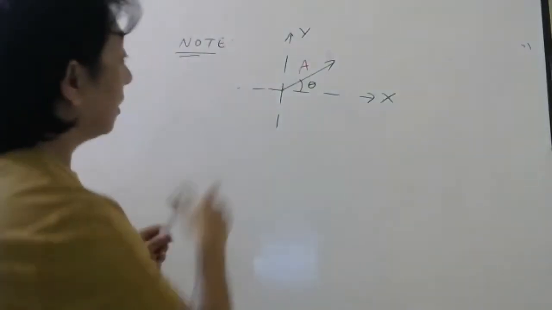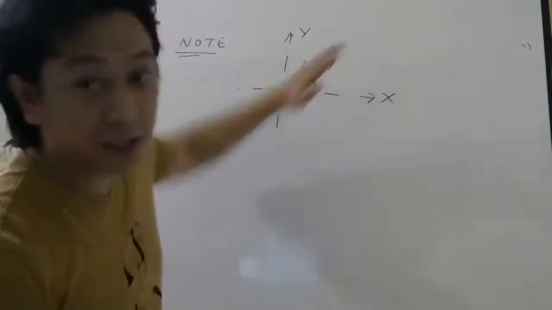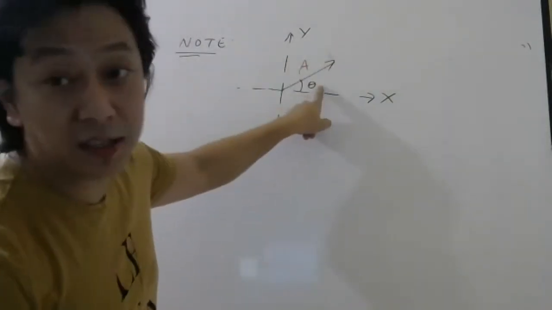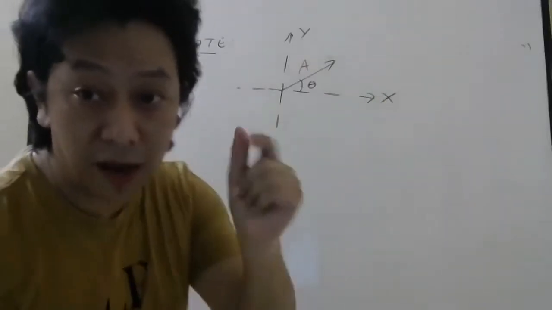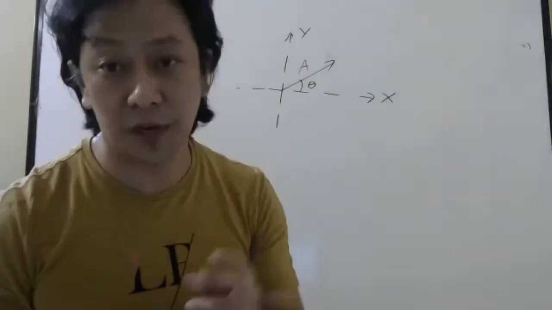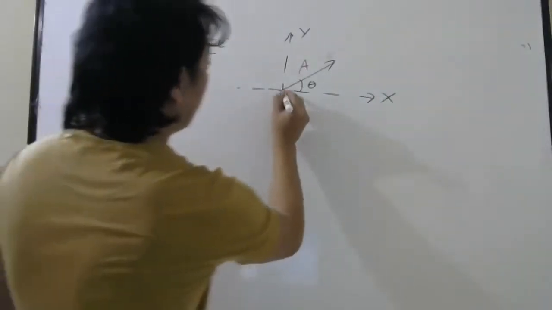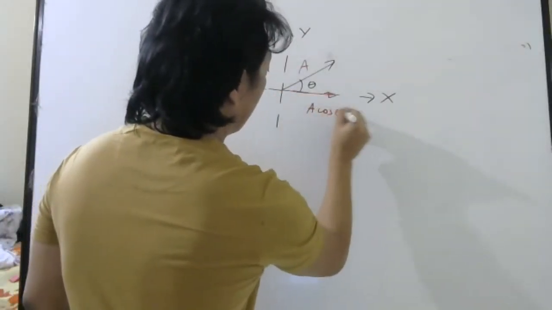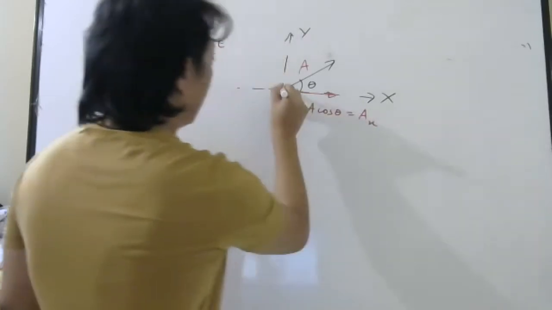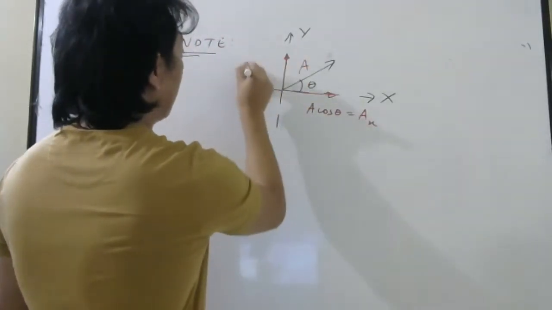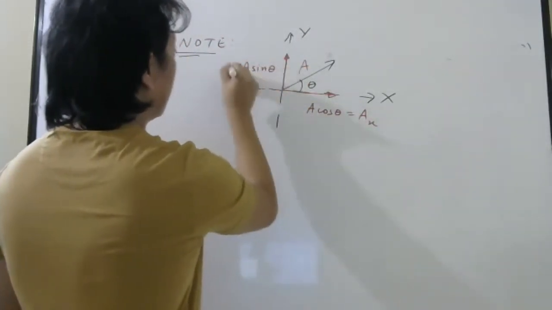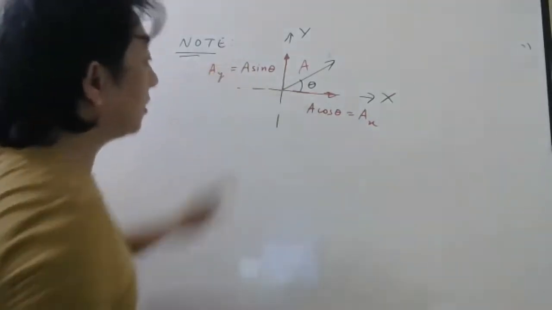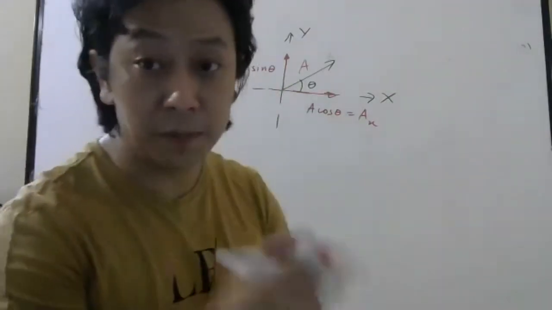Next time, if I say there is a vector which makes an angle theta with x-axis, you should be able to say the components fast. This component will be A cos theta, which I write as Ax, and this component will be A sin theta, which I write as Ay. So this ability you should be able to do fast.